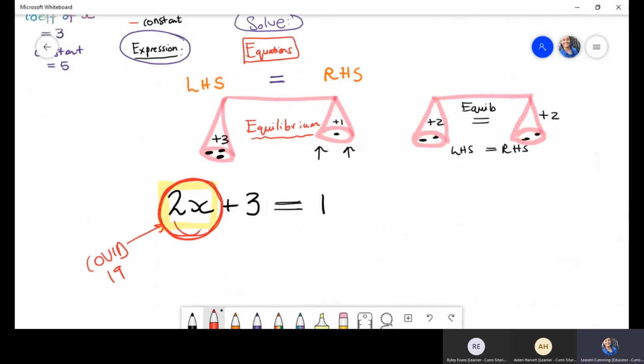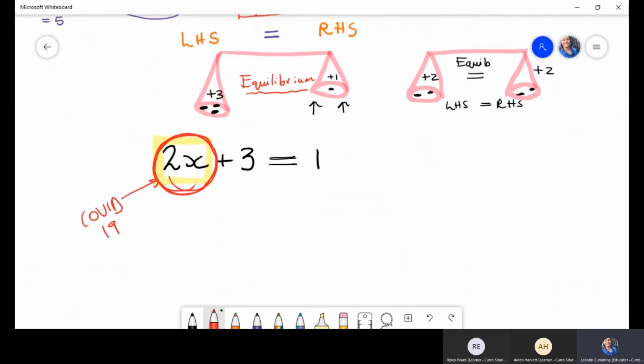How am I going to isolate it in this equation? Firstly, I see a plus 3 here, and I see on my right-hand side a plus 1. What I may do in order to keep this 2x is I may do the opposite of plus 3 by minusing 3.